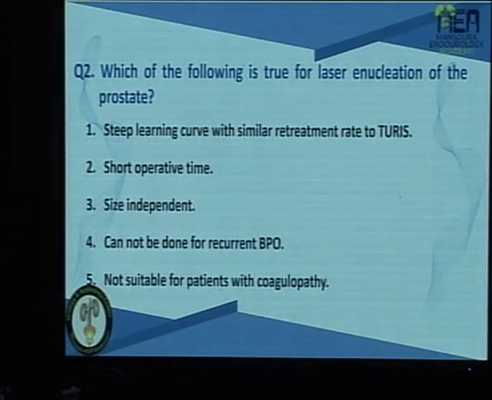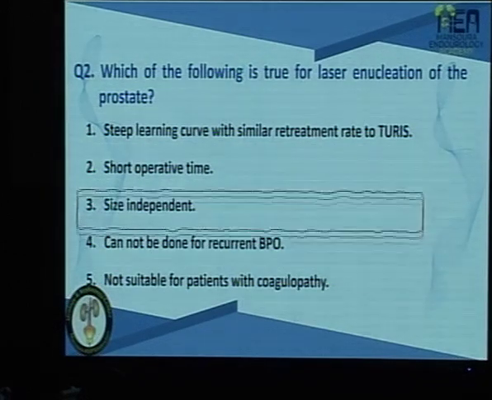The next question, which of the following is true for laser enucleation? Steep learning curve with similar retreatment rates to TURP, shorter operative time, size independent, cannot be done for recurrent bladder outlet obstruction, not suitable for patients with coagulopathy. Yes, correct.